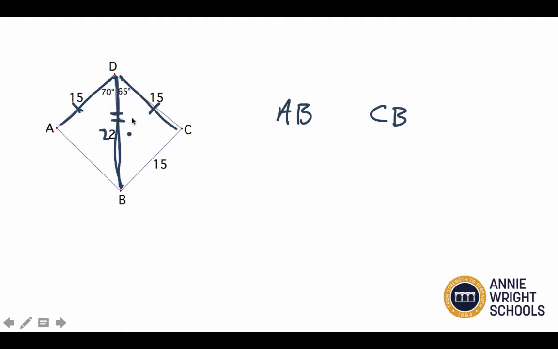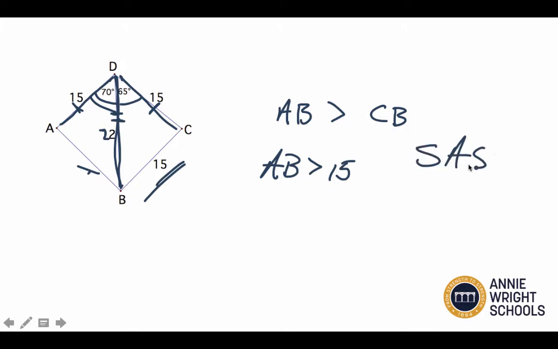Because you have the side of one triangle congruent to the side of another, and another side congruent to another side, and you know the relationship about the included angles, I know that AB has to be bigger than CB. So I know AB is bigger than 15. Good? And that would be by the side angle side inequality.